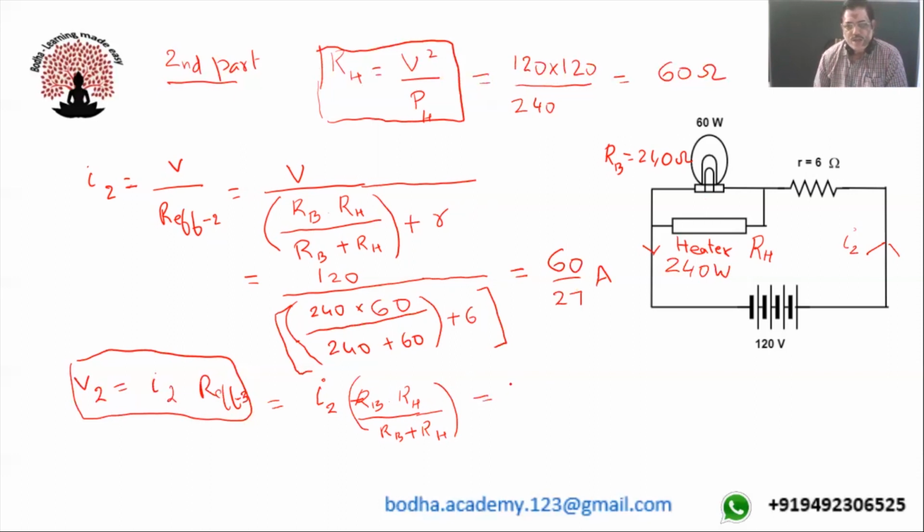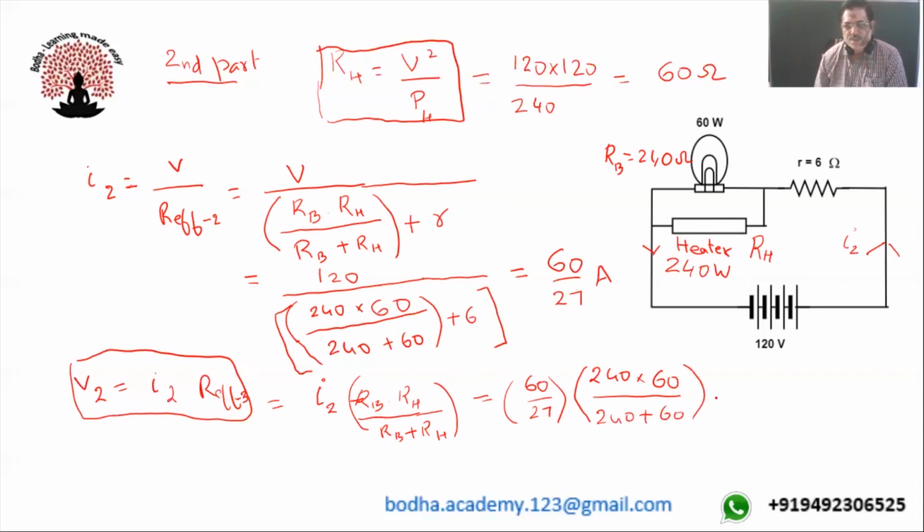Substitute the values. I2 value is 60 by 27, RB is 240, RH is 60, divided by 240 plus 60.